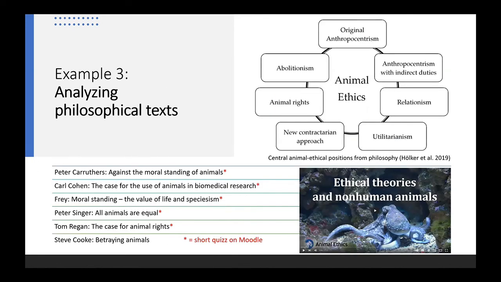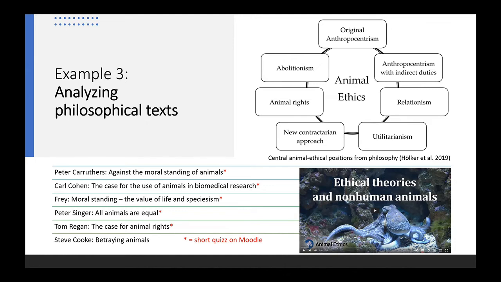The third ethics-related tool here is analyzing philosophical texts. Students, at least the master students and doctoral students, are used to reading scientific papers, but the new aspect is the reading of philosophical texts.